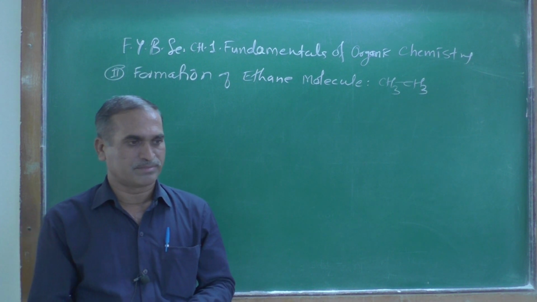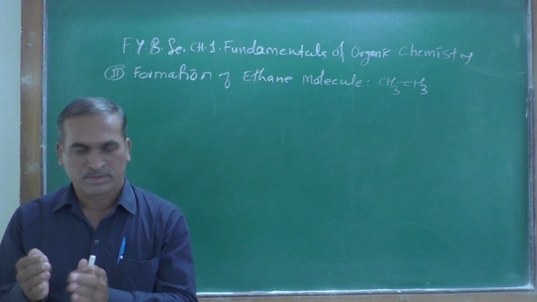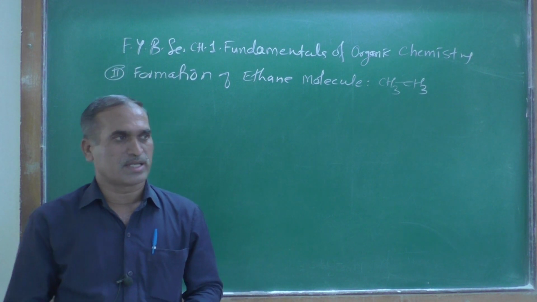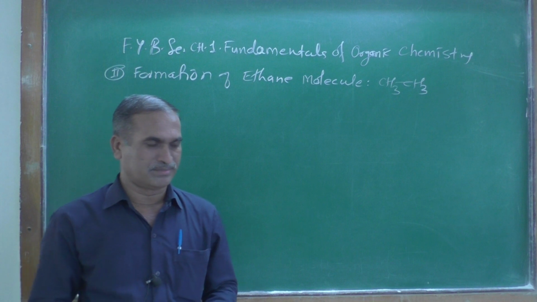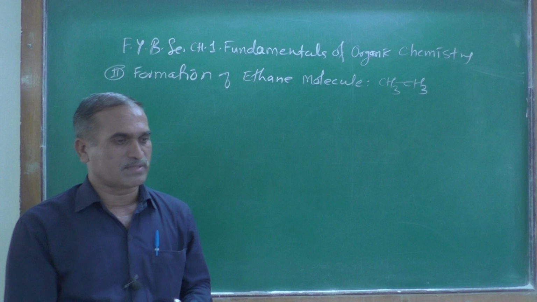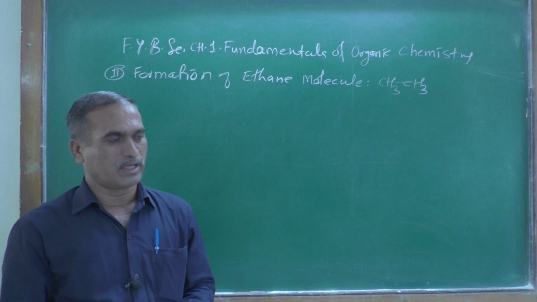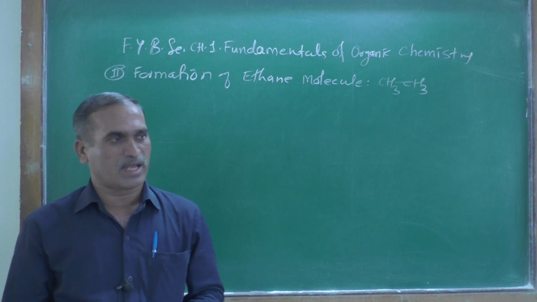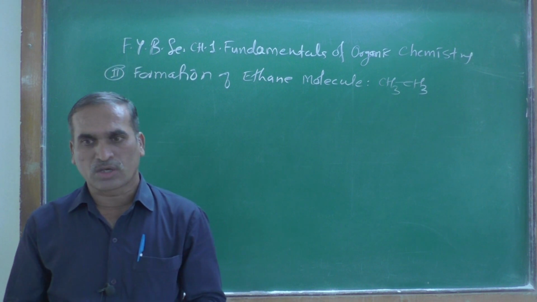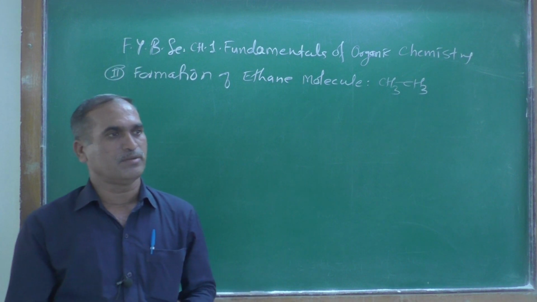We discussed how hybridizations take place by using various atomic orbitals, as well as the cleavage of bond, homolytic fission as well as heterolytic fission, and how they occur during the course of a reaction. That type of thing we have seen.